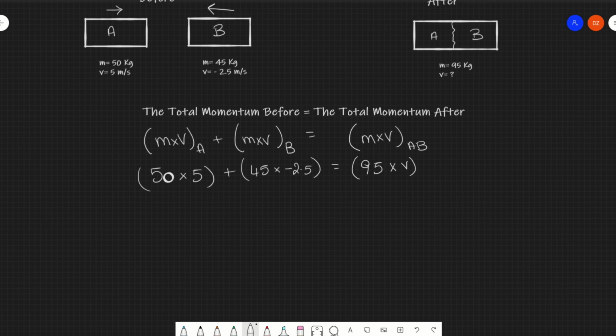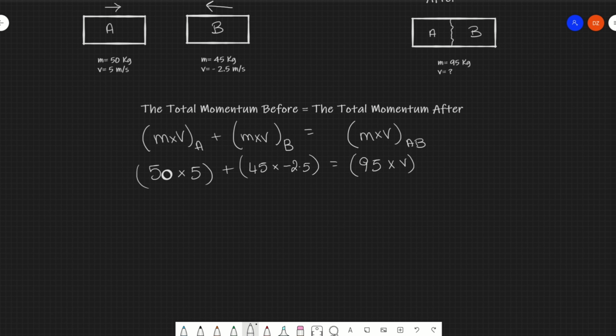You work the value of each single bracket, so 50 times 5 is 250 plus 45 times negative 2.5 is negative 112.5, equal to 95 times V.